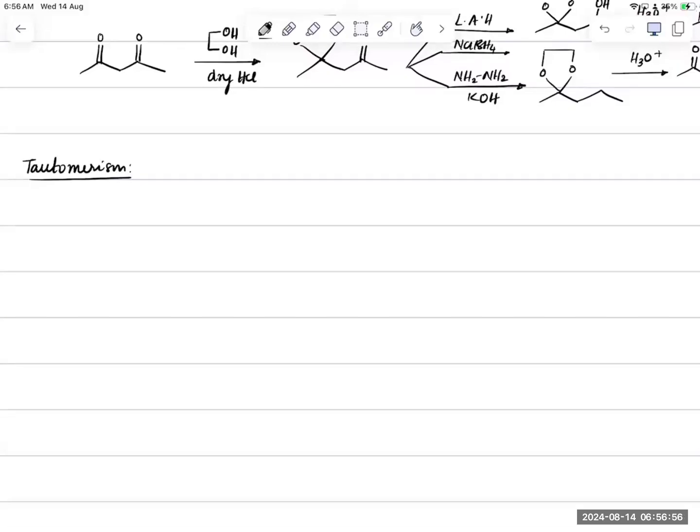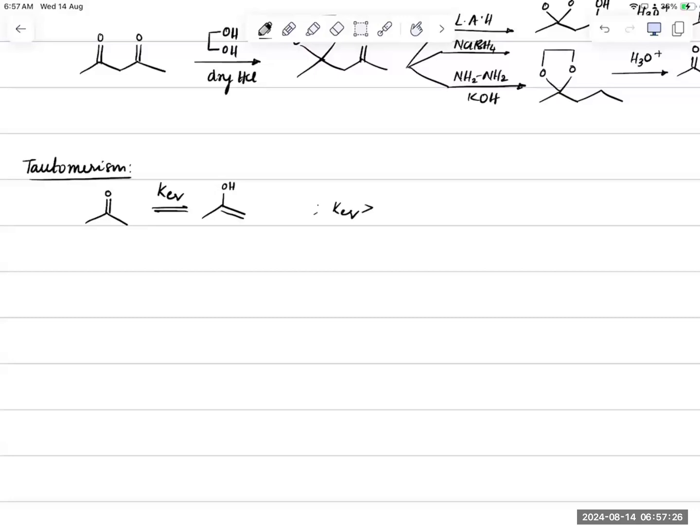Typically, when it comes to tautomerism, the basic thing we need to know is that a ketone will be in equilibrium with its enol. Ketone and enol will be in equilibrium. If this is K equilibrium, we know that for various groups the percentage enol content is decided based upon K equilibrium.